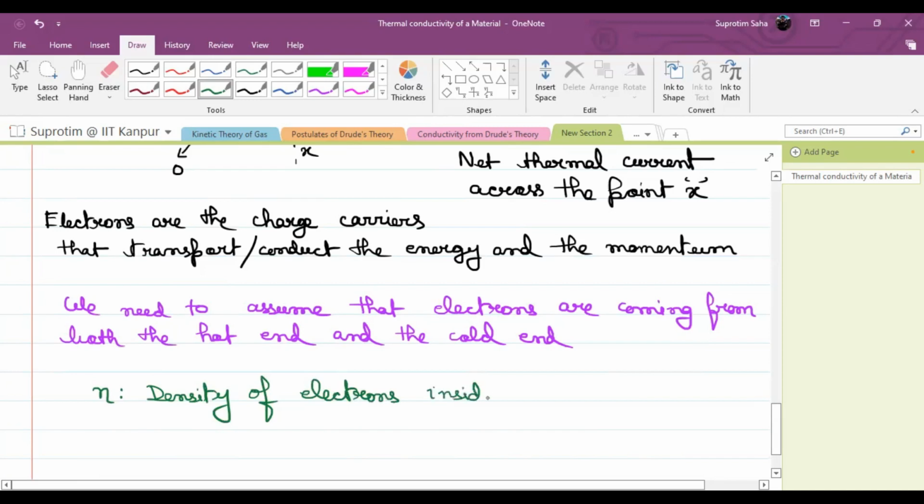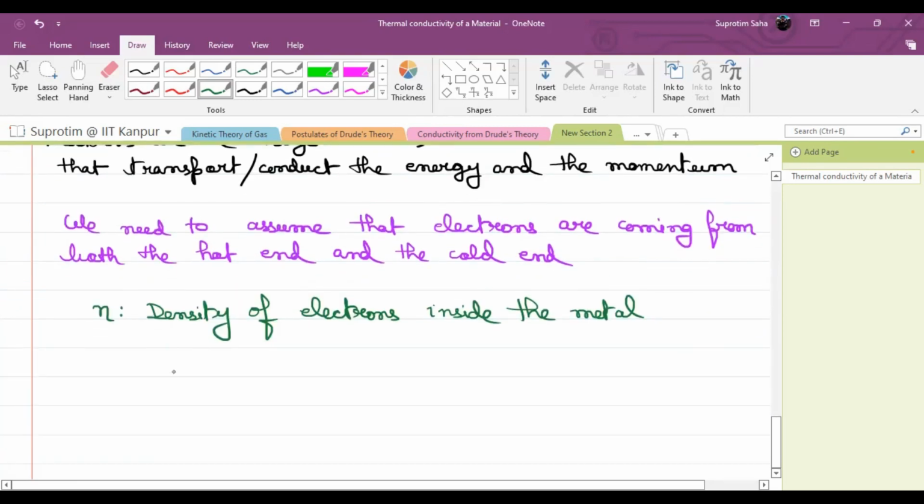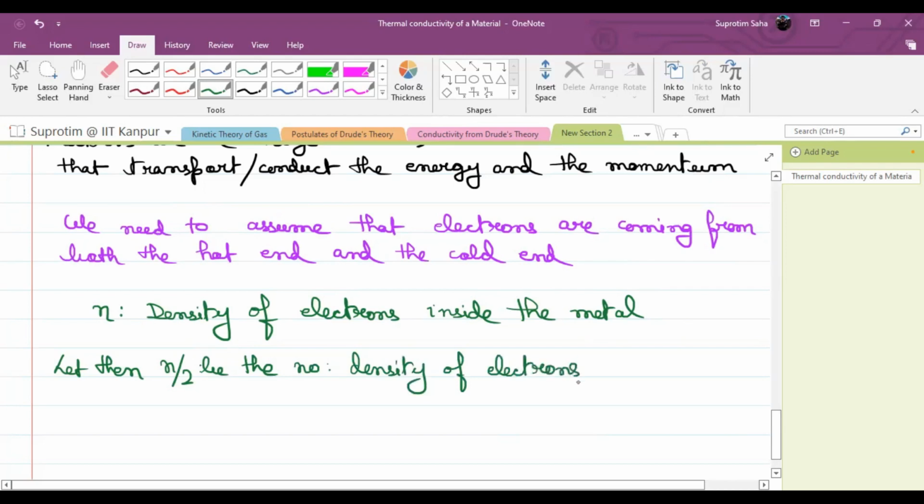So for equidistribution, let n by 2 be the number density of electrons crossing x from the hotter end to the colder end.